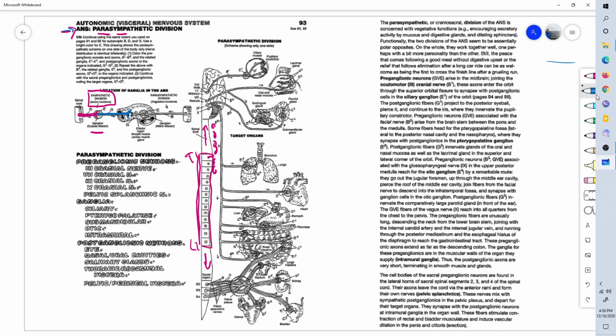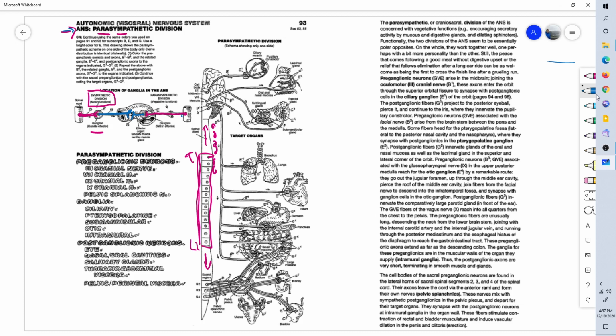Well, in the parasympathetic system, observe the preganglionic neuron is long, and it goes all the way to the organ, and the ganglia, and then it synapses at the organ, and the postganglionic neuron is very short.